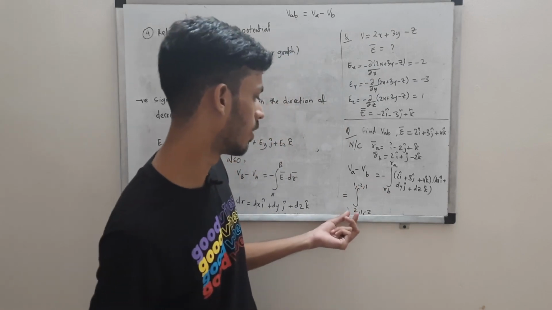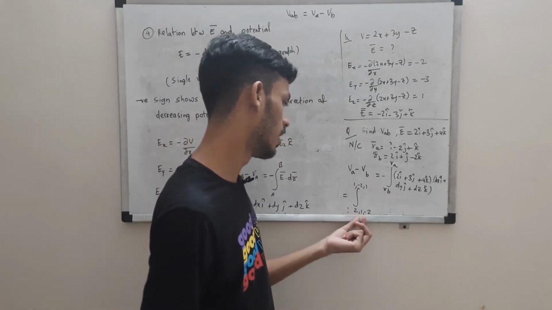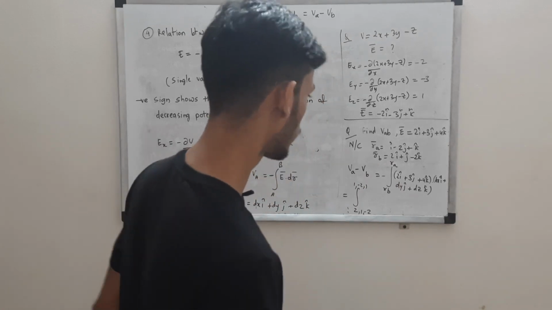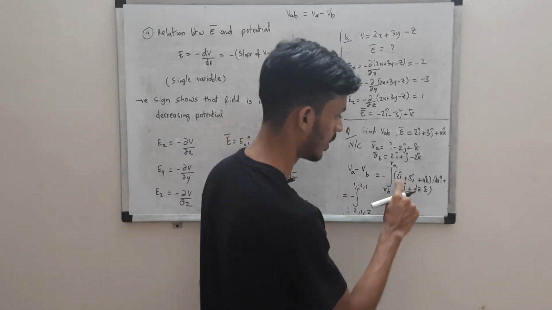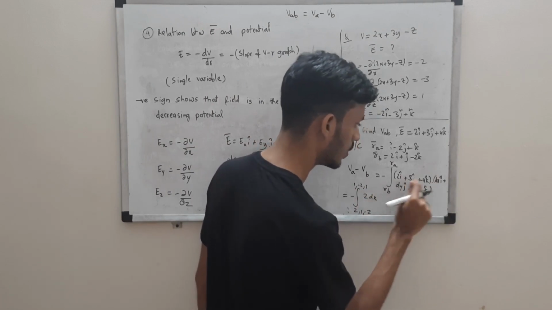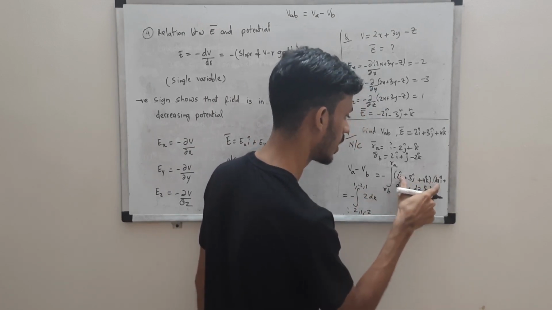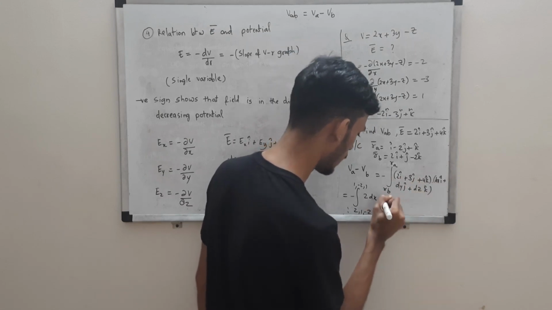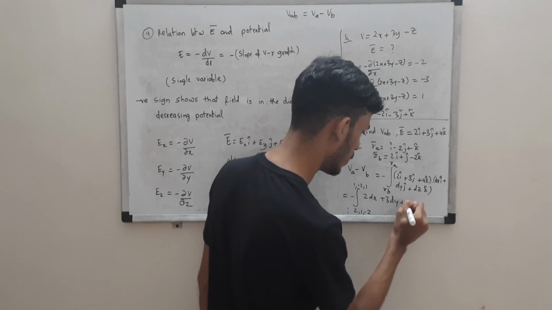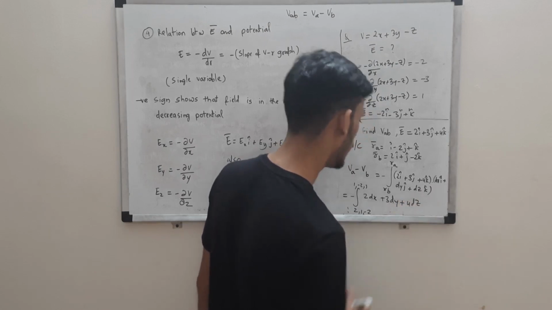So we are moving the x coordinate from 2 to 1, y coordinate from 1 to minus 2, and similarly for the z coordinate. And here there is a minus sign, and we obtain 2 dx. I hope you know to take the dot product, i with i, j with j, so 3 dy and 4 dz, right? So this is what we obtain.